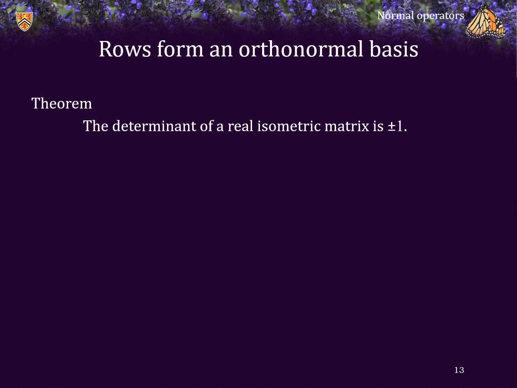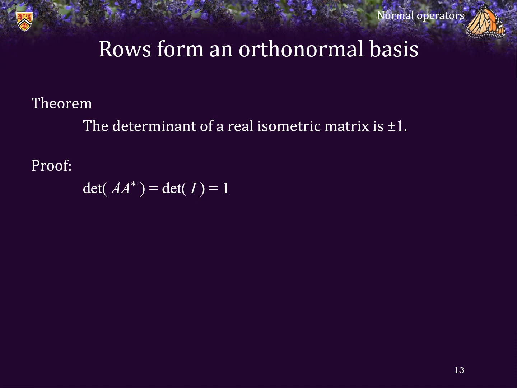Here's another interesting theorem. The determinant of a real isometric matrix is plus or minus 1. What that means is an isometric matrix must preserve volumes. However, it may include a reflection that causes a switch in orientation. Proof.